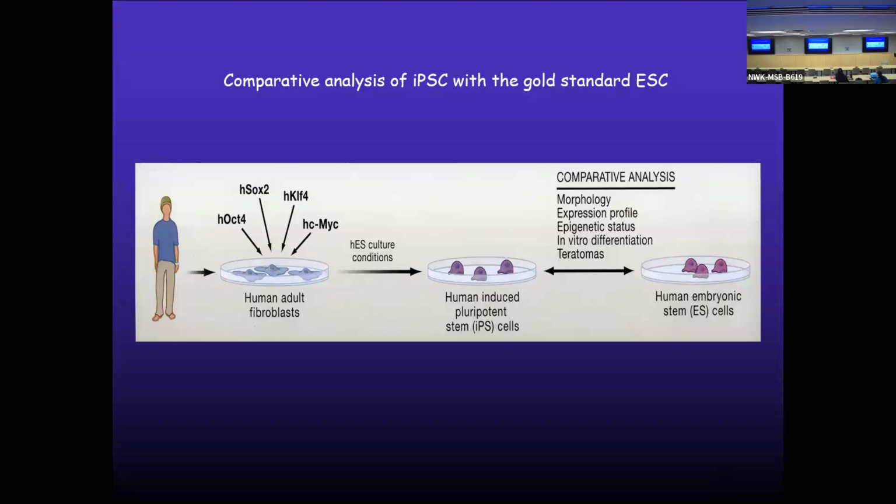Do they do that? Okay, and these are all features of comparison. And sometimes they have a good epigenetic status, but they're not good in teratoma formation. Okay, and then you have to compare the quality of the newly generated iPSCs.